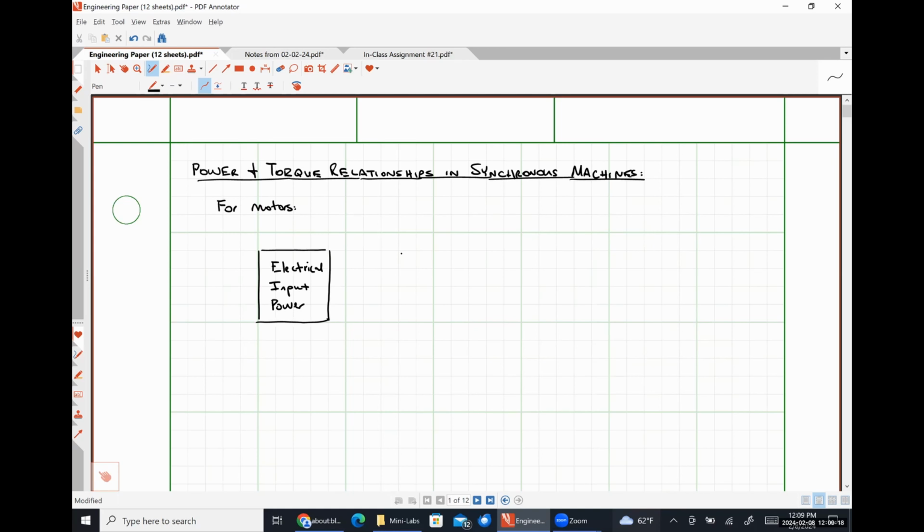Here in the middle is my developed power. And so that's effectively what's going on with my conversion of electrical power into mechanical power. And then lastly, over here on the right, we're going to have our output mechanical power.